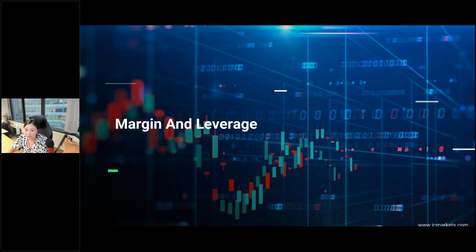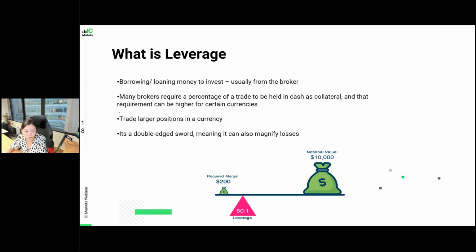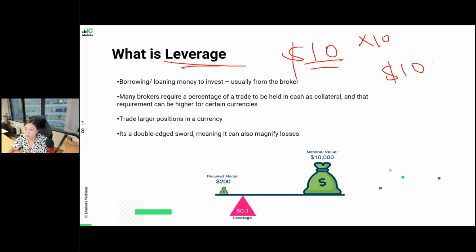Okay, margin and leverage. For those who are new to margin and leverage, it's quite a simple topic that I'll run through with you. What is leverage? For example, if you give $10 to a broker, and the leverage on that account is 10 times, it means that if you deposit $10, they allow you to trade up to $100.